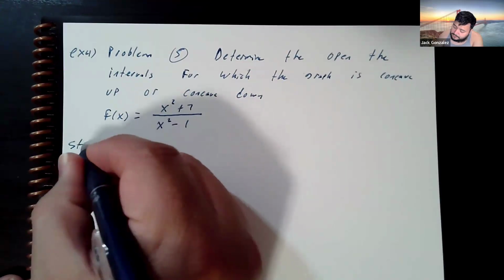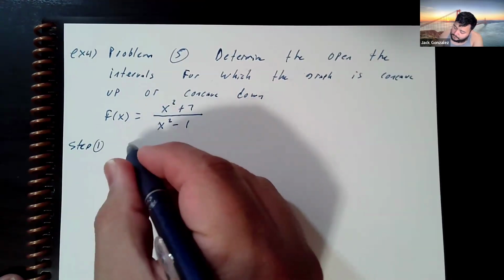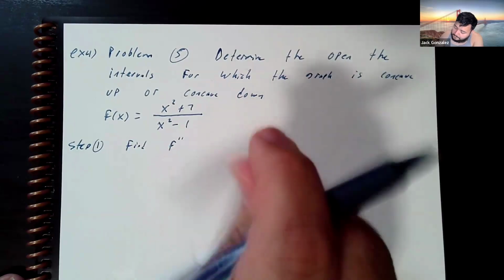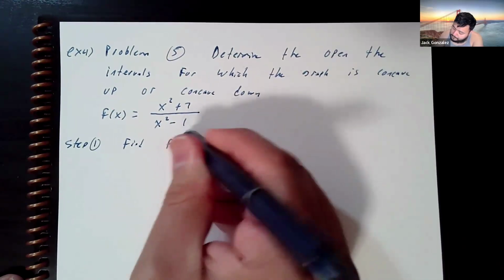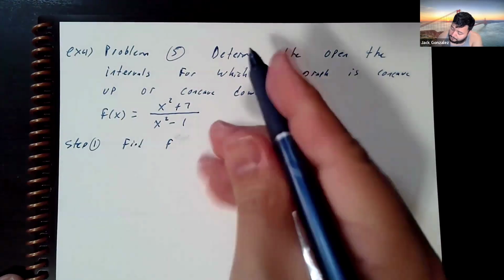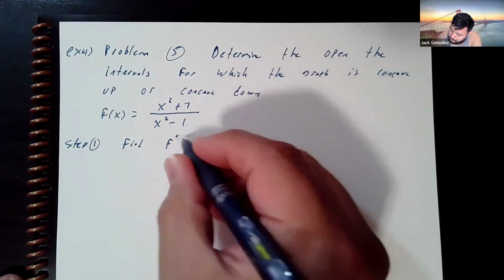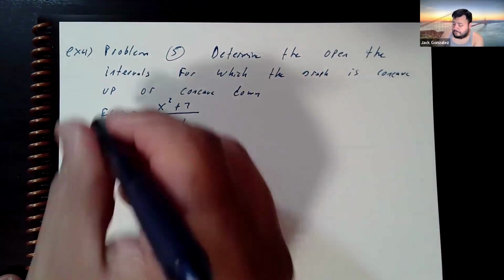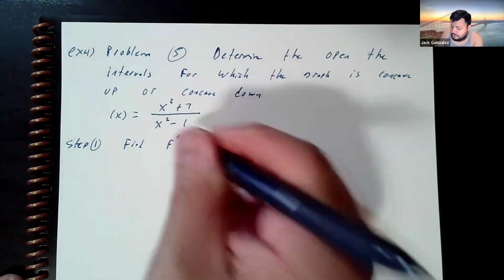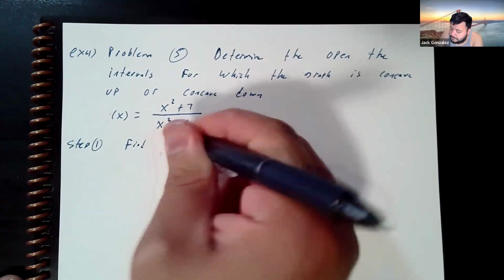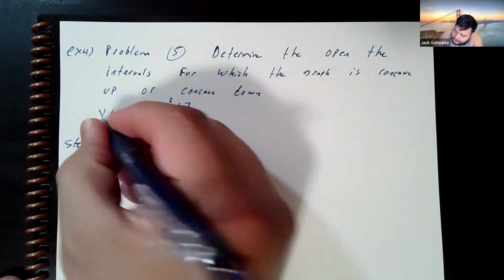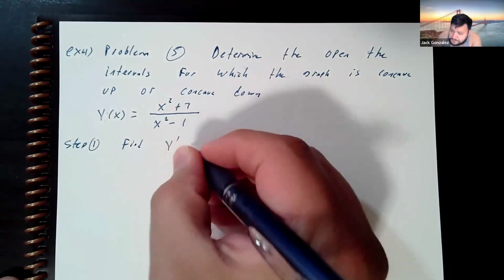All right, step one. Find f prime. I'm going to rename this y so we can use the formulas from the notes we used before, just for consistency.